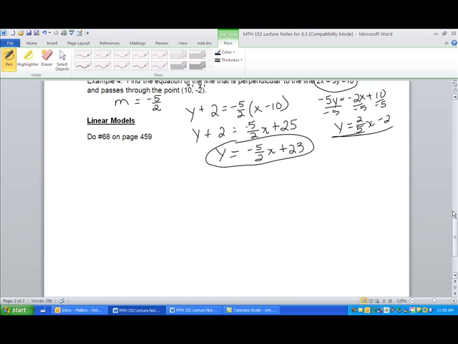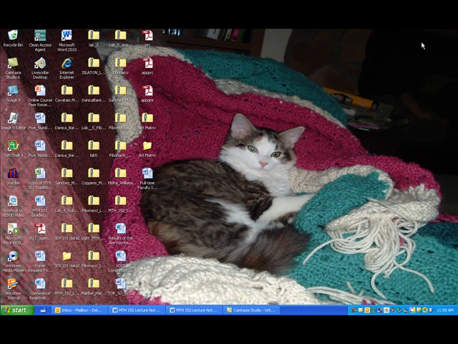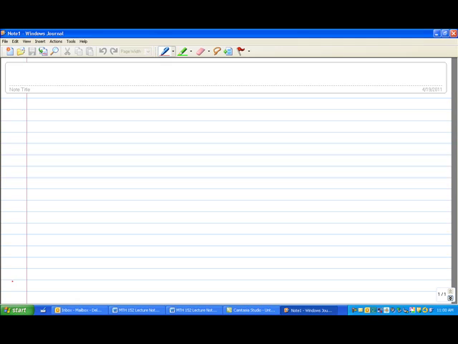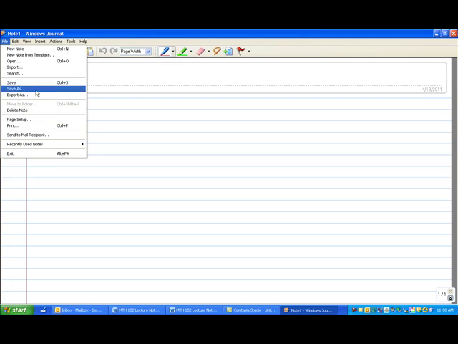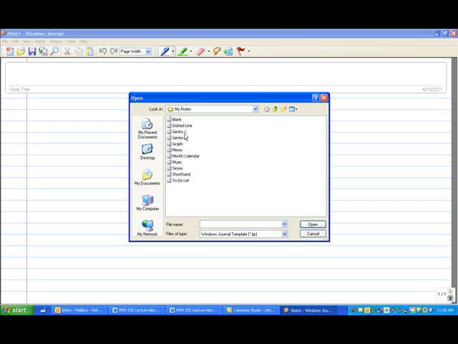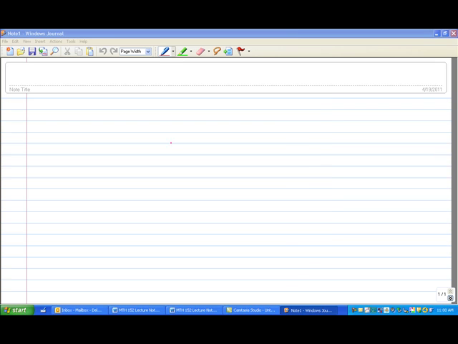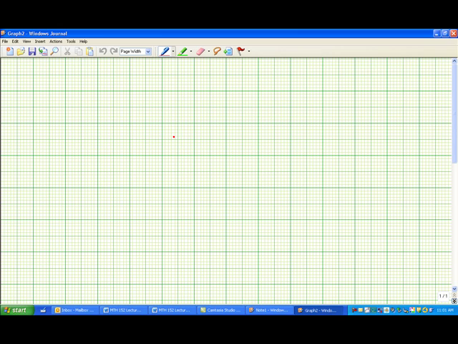Okay, so I'm going to need to open the journal here so I can get a piece of graph paper. All right, so here are the points. Let's see, 68. Okay, so 1995 is 0, so I'm just going to list them.